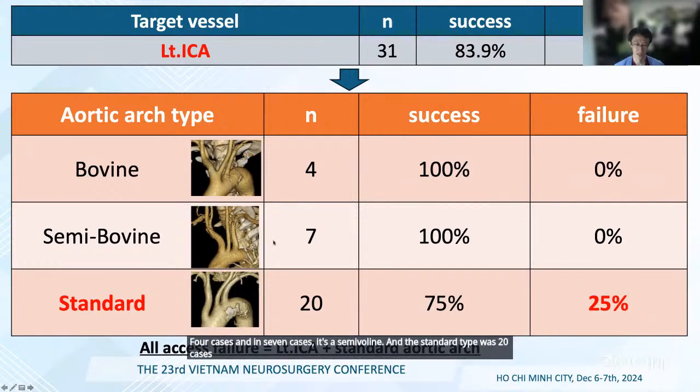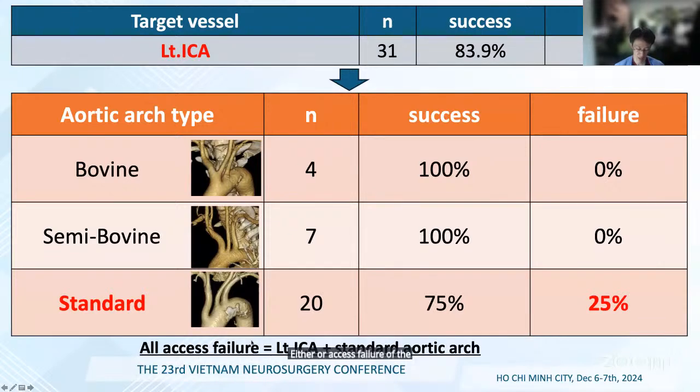And in this study, the bovine and semi-bovine arches all succeeded in our cases. So all access failures of the transradial approach are in the left ICA with a standard aortic arch.